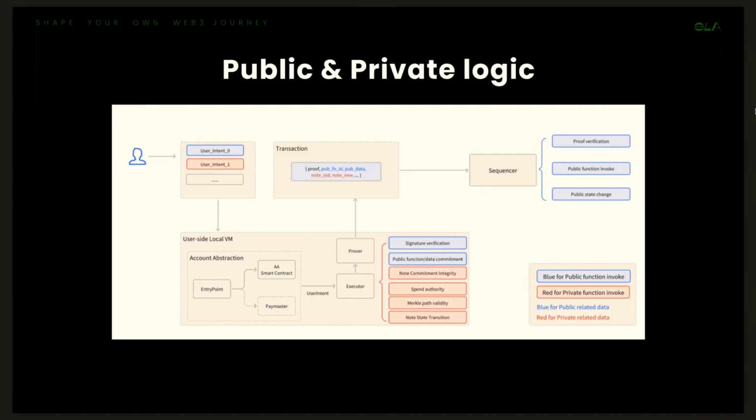Another view here of the public and private logic. So I think we covered most of this, but I'll just repeat it real quick. User side, if you're dealing with anything in private, it's red here again. This is basically the example I gave you before. So user side, the local VM would execute that. And as you can see here in the transaction, it says that the proof, set in black, is sent together with the encrypted commitments.